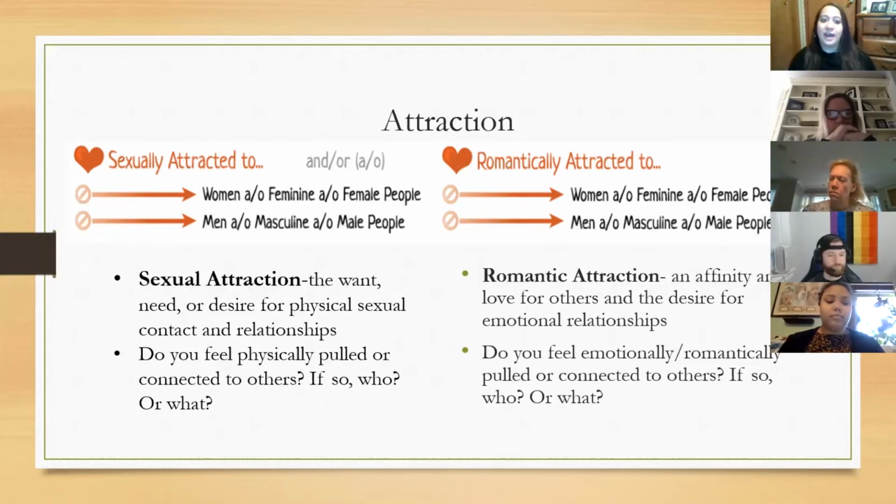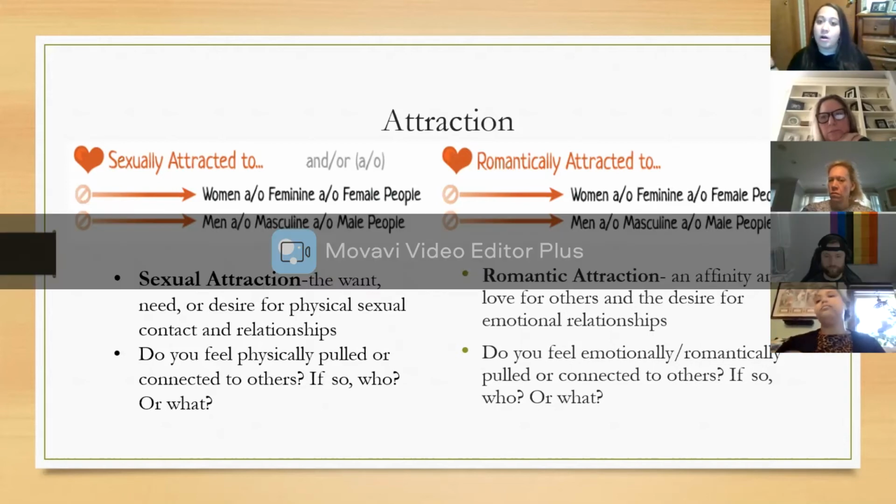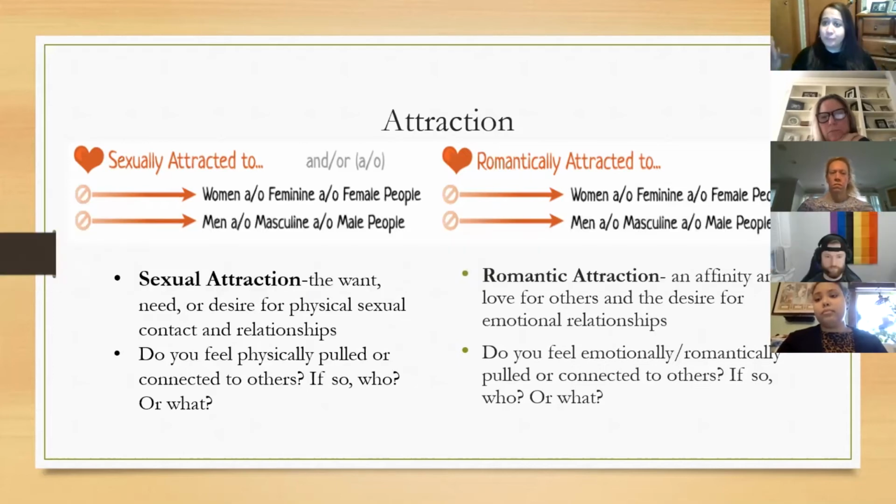Someone who identifies as asexual might be a little lower on the spectrum for sexual attraction, but a bit higher on romantic attraction. Someone who identifies as aromantic might be higher on the sexual attraction, but lower on the romantic attraction. Like I said, that can really vary for everybody though.